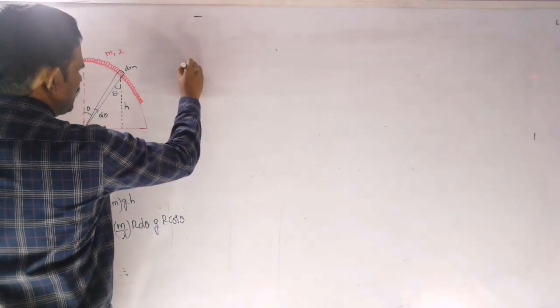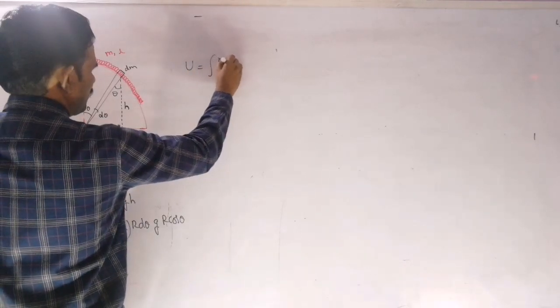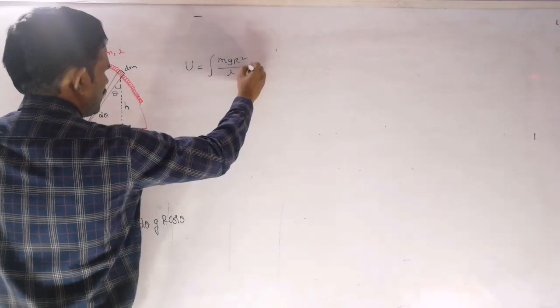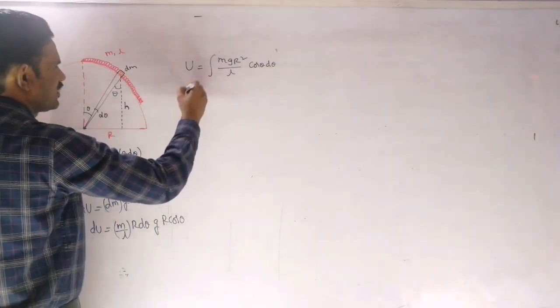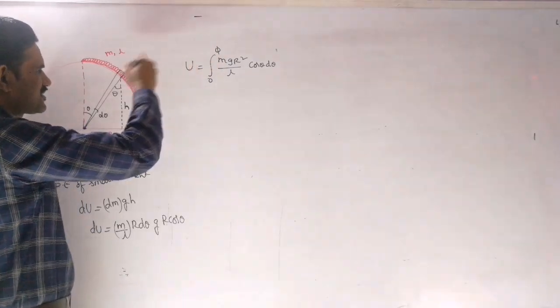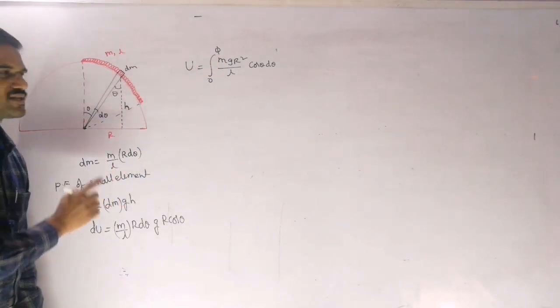Therefore, the total potential energy U is equal to the integral of mg r square by L into cos theta d theta. Now theta varies from 0 to phi, where phi is nothing but the maximum angle subtended by that.